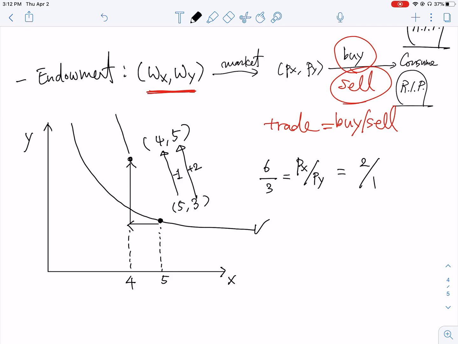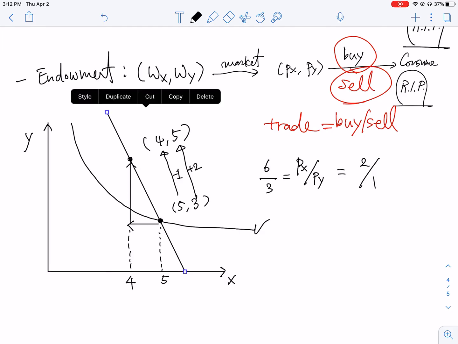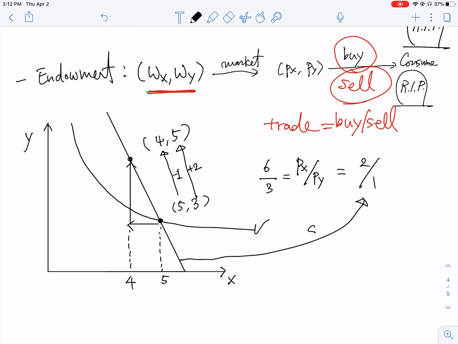So this is the budget line. The slope is of course 2, and you can move along the budget line if you like.